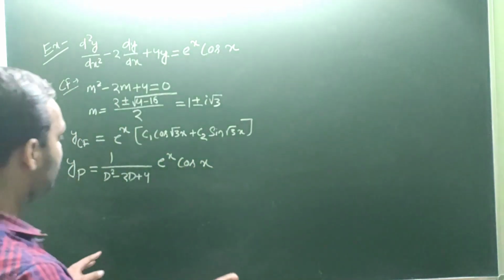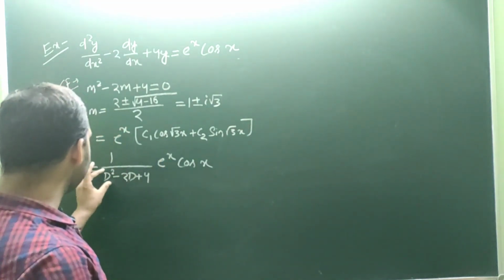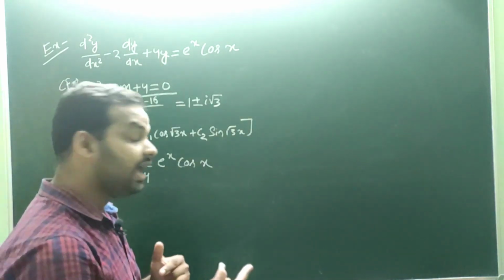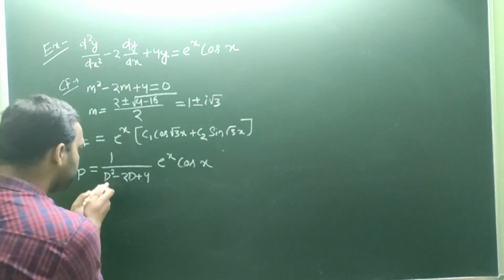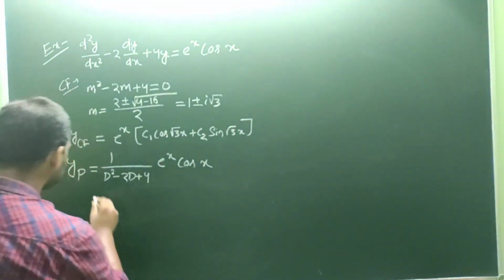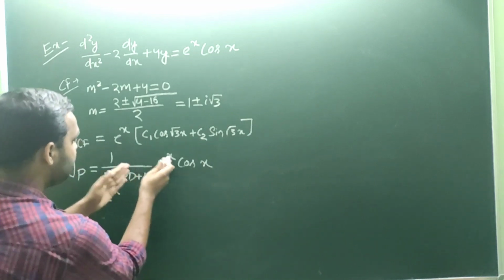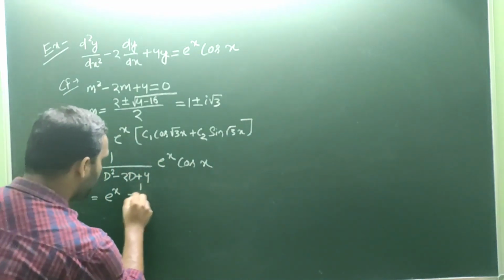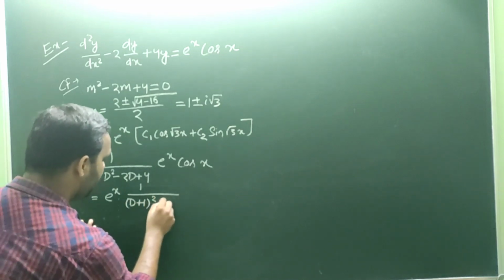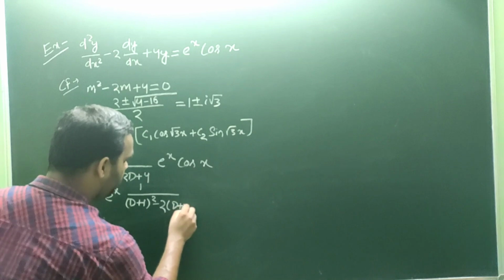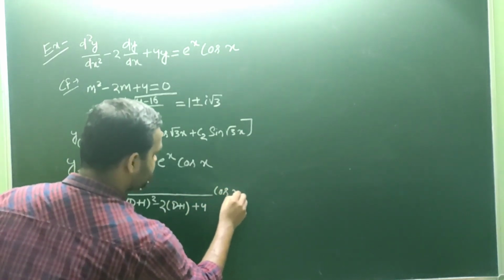I'm sorry, in the equation this one is y; this was a typo. And I told you that here e to the power ax is there, so you have to just convert this d into d plus a. Here a is equal to 1, so you put d plus 1 in place of d. So then it becomes e to the power x, 1 by d plus 1 whole square minus 2 into d plus 1 plus 4, into cos x.